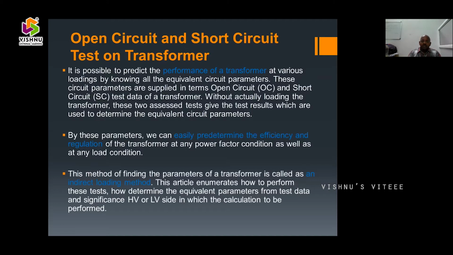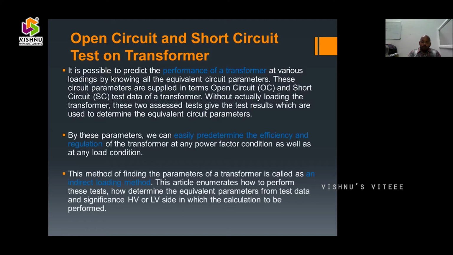And this method of finding the parameters of a transformer is called the indirect loading method. Why? Because in the open circuit test as well as the short circuit test, we are not applying any direct load on the transformer. That's why these methods are called the indirect loading method.